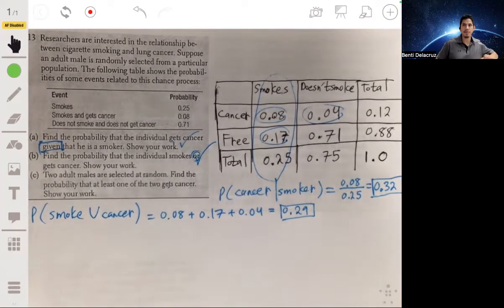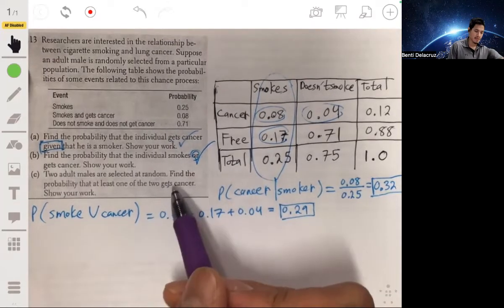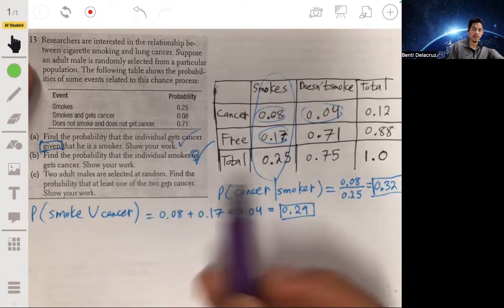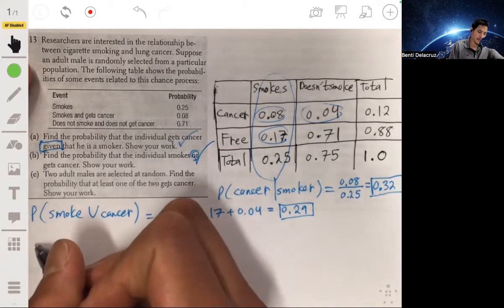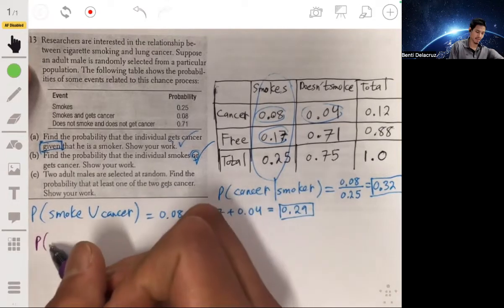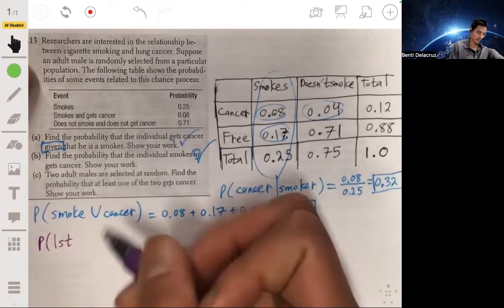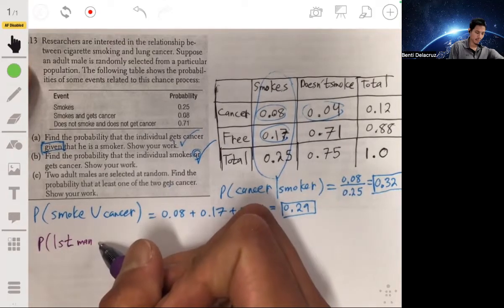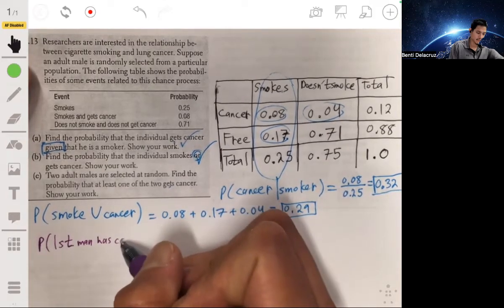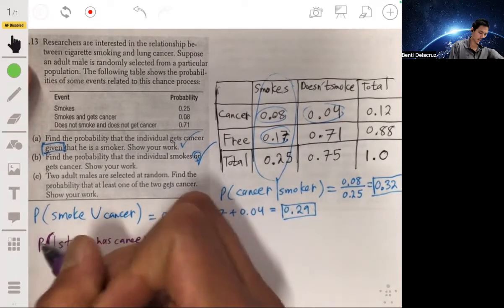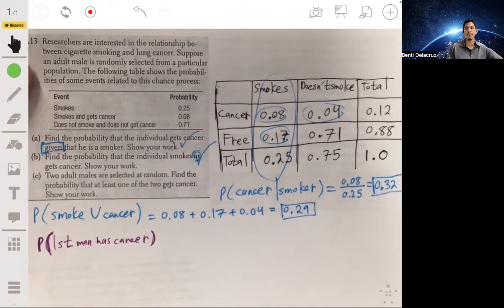So if you have two adult males, if we're saying that at least one of them gets cancer, we're looking at, let's say the first man has cancer. That's one thing.